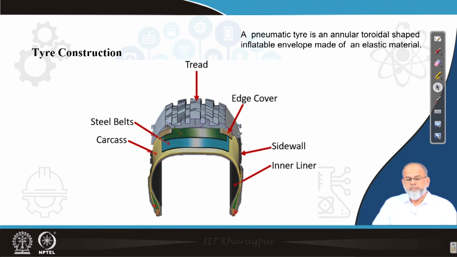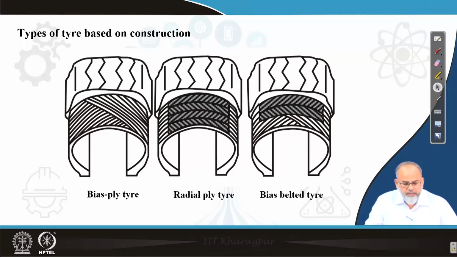Optional in the sense a belt may or may not be provided. I will discuss in detail first the bias ply tire, then I will switch to radial ply tire, and in the last I will discuss the bias belted tire.